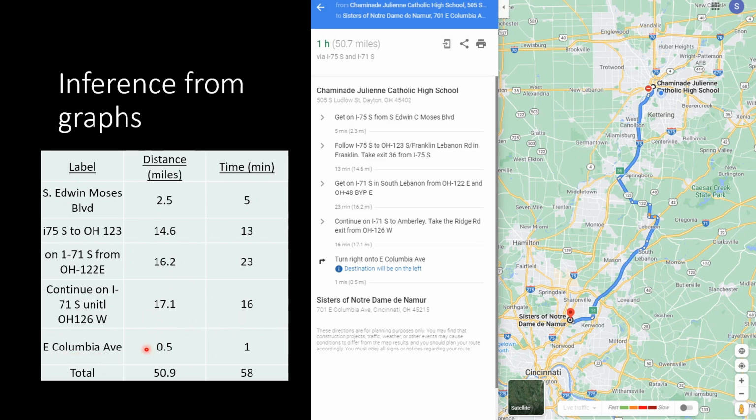And then I finally turn onto Columbia Avenue and drive on it for 0.5 miles for another minute to finally reach the campus of Sisters of Notre Dame, for a total distance of 50.9 miles, which took about 58 minutes based on this breakdown that Google provides.